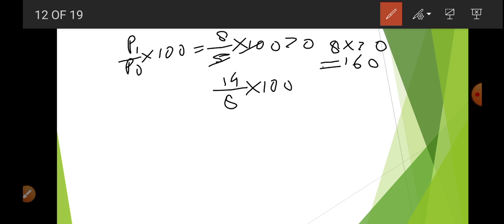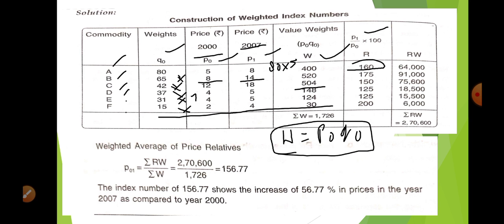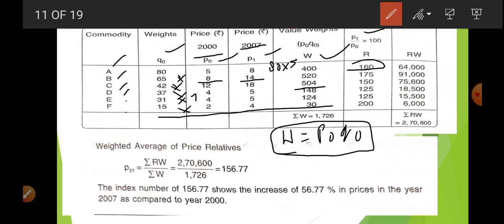When we divide it, we get 1.75, and when 1.75 is multiplied by 100, we get 175. So here you can see this 175.